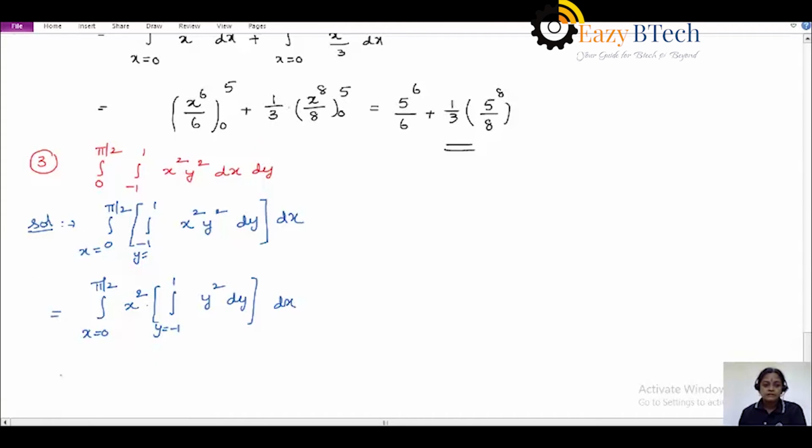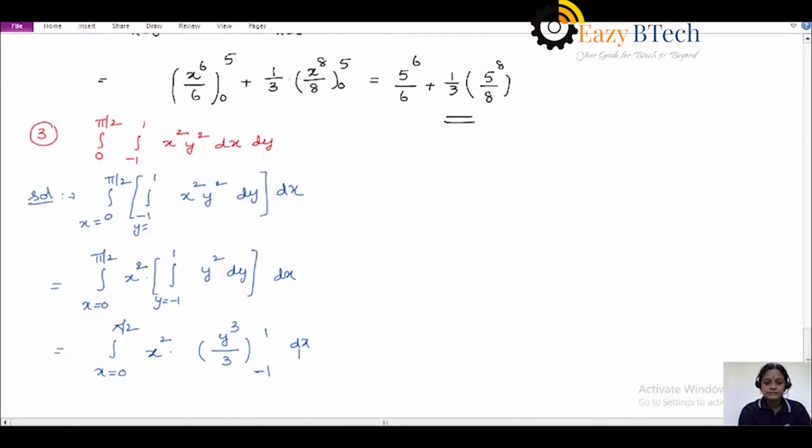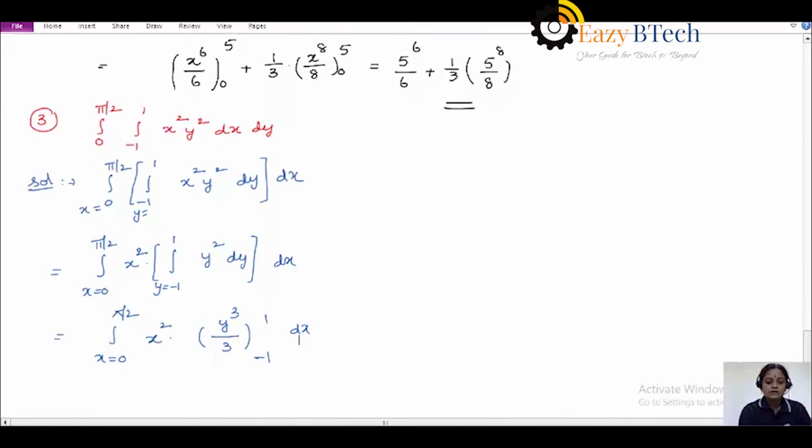Integral x is equal to 0 to pi by 2, x square, and y square integration is y cubed by 3, minus 1 to 1, and again into dx. So now substituting the limits of y here: plus 1 is the upper limit and minus 1 is the lower limit.